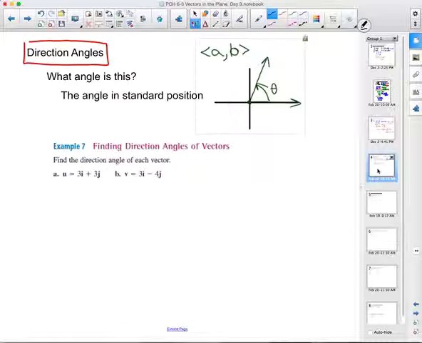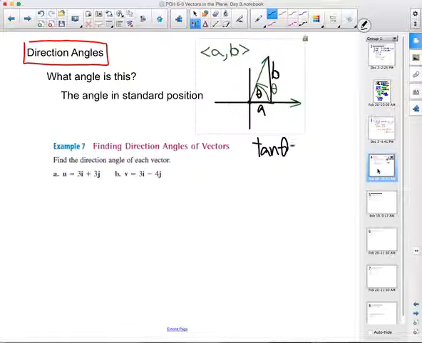Because if this is A and this is B, how am I going to find theta? Sine and cosine? Tangent. There we go. There's only one other choice. Tangent. Okay?